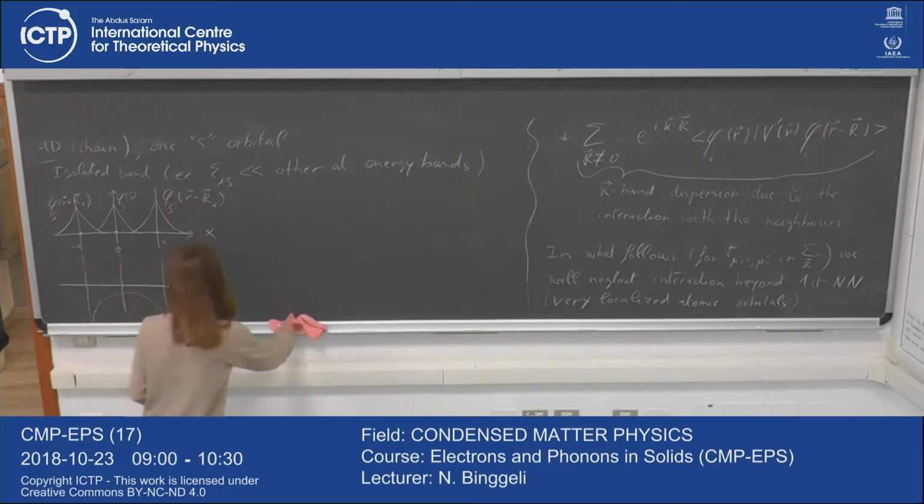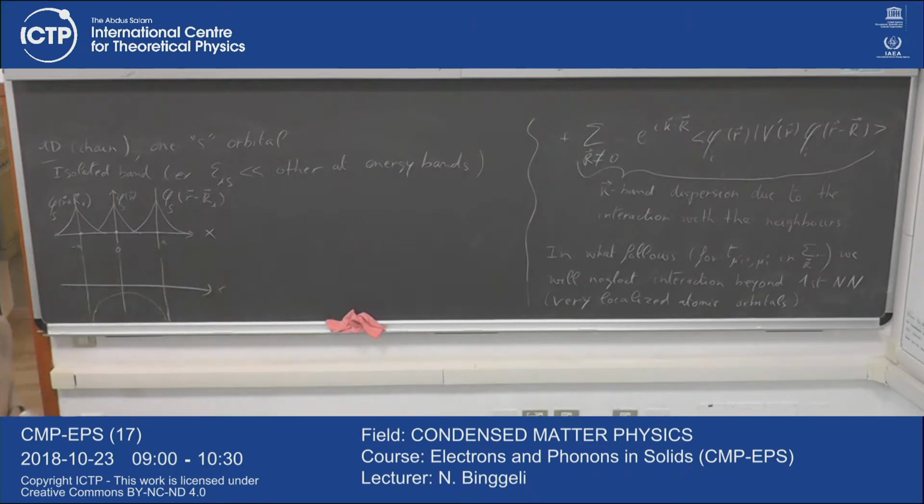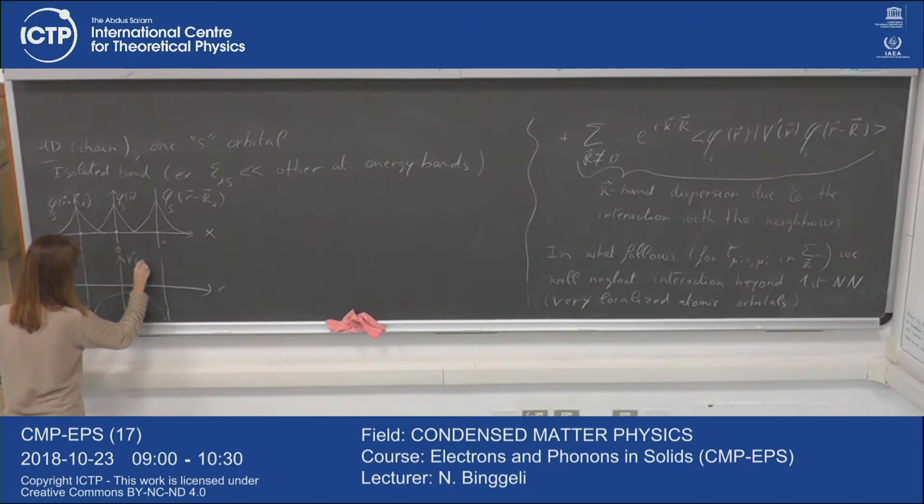So what I know is that the product of these wave functions times the crystal potential, if I integrate, I can expect a negative value because the potential is attractive here. So what I plotted here is the crystal field.